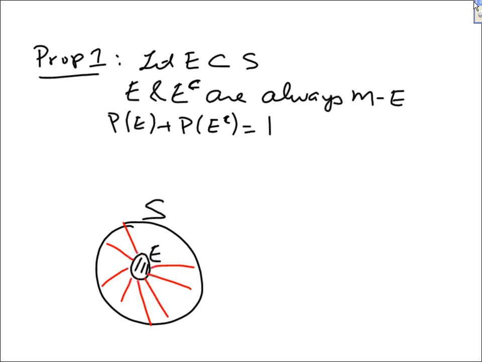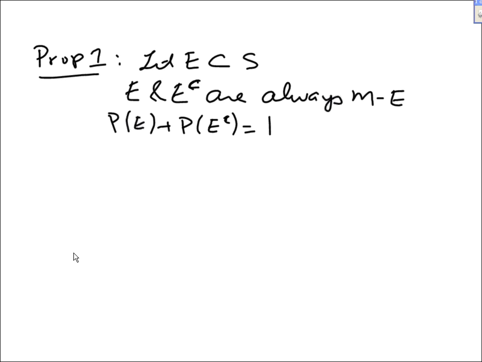One way of seeing it is it makes up the sample space. E union E complement is the sample space.